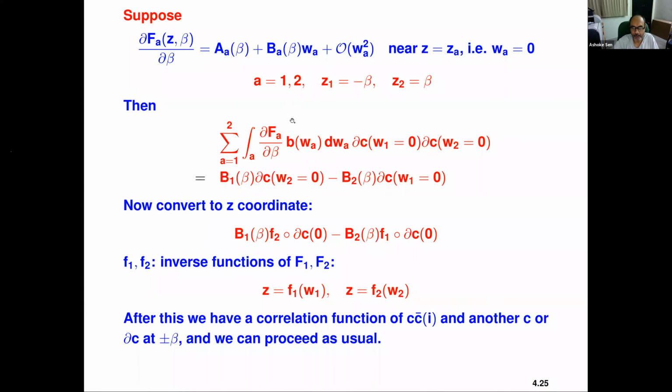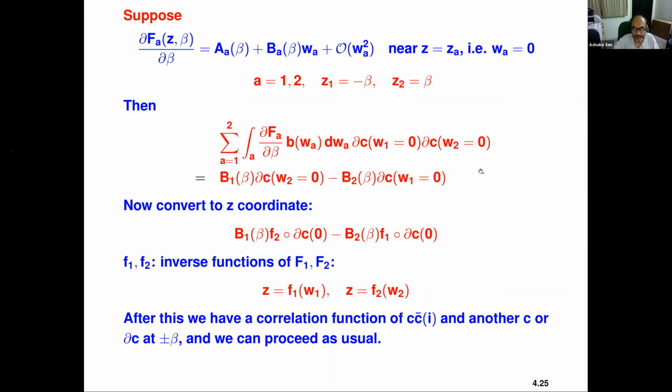Lower powers or higher powers of w1 will not contribute. So the only term that contributes from here is b1(β). So the b ∂c OPE basically removes the b and the ∂c. What we are left with, of course, is ∂c at w2 equal to 0. So that's this term. Then for a equal to 2, we can do a similar integral. There's a minus sign here because the b has to be passed through this ∂c now. Otherwise the analysis is identical. You get a b2(β) times ∂c at w1 equal to 0.